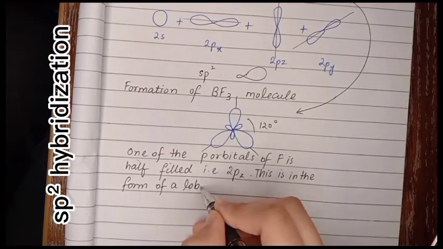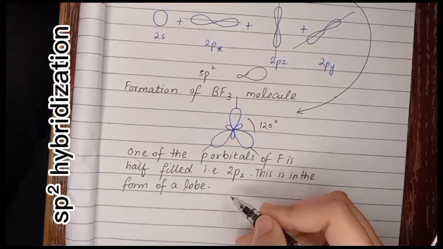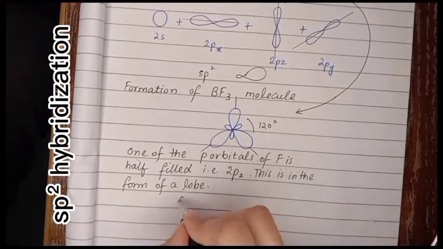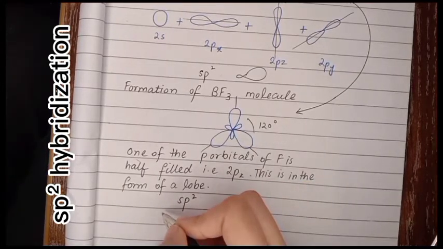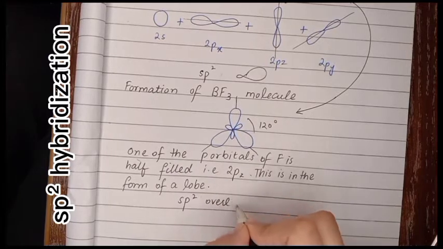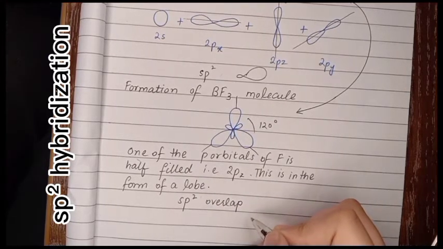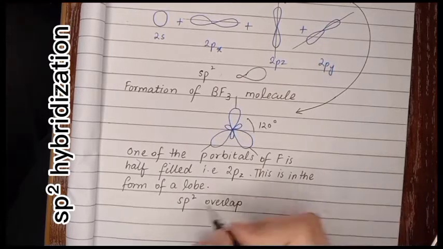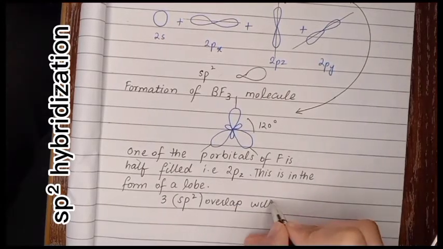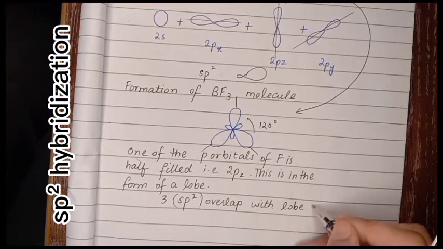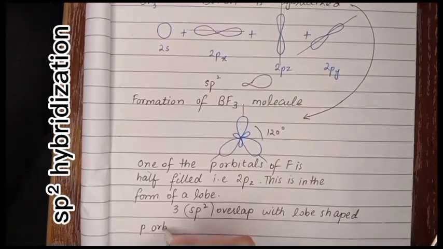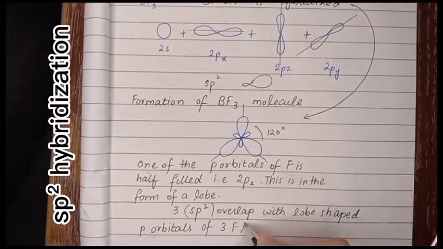And here we need to understand that 1s is combined with 2p orbitals in the central atom of BF3, which is the boron. After the intermixing of boron orbitals, the hybridized orbitals then overlap with the fluorine orbitals.